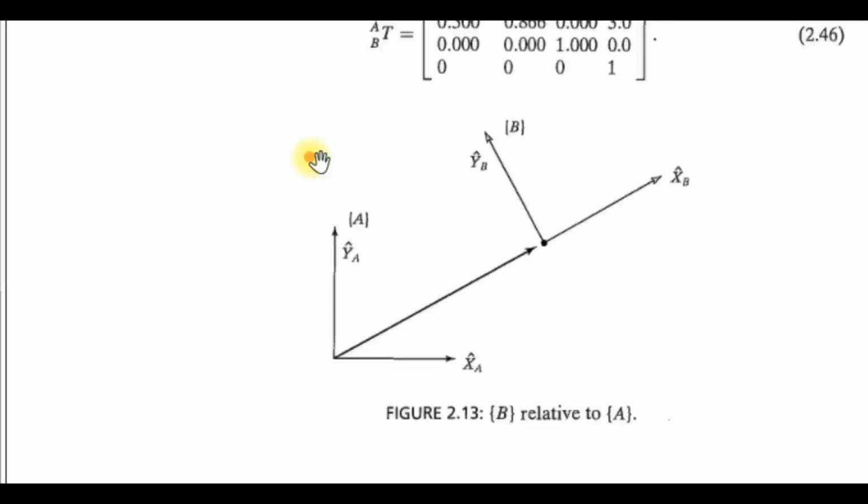Clear? Because you represent a three-dimensional x, y, z using a two-dimensional plane, the axis of rotation you simply make perpendicular to the paper.